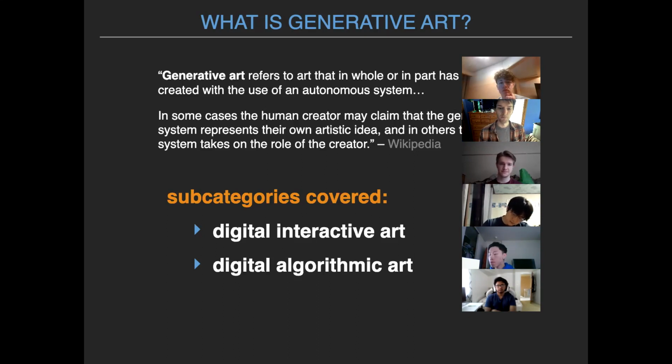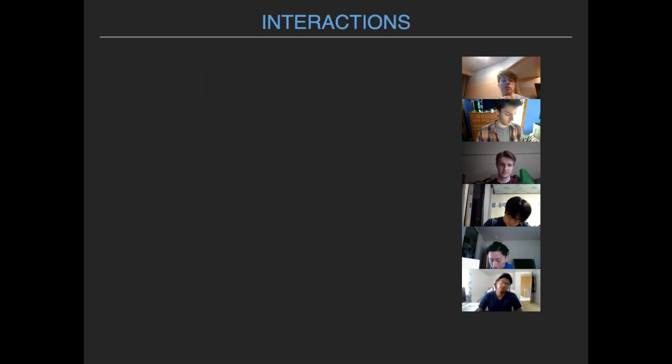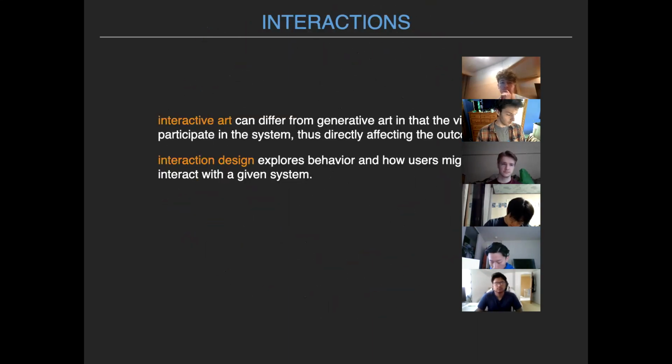So a painting could be like a screensaver, you know, algorithmic art. Interactive art can differ from generative art based on the system, based on the ability to be interacting.